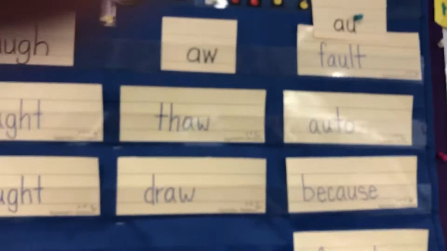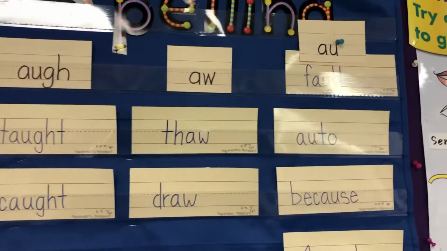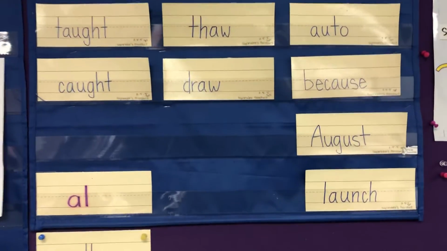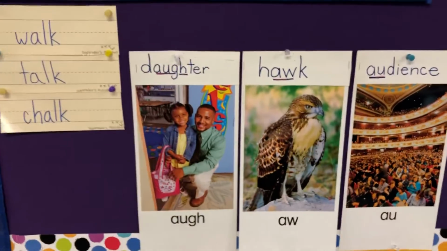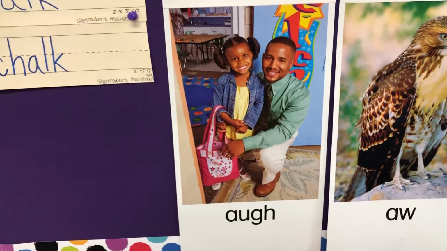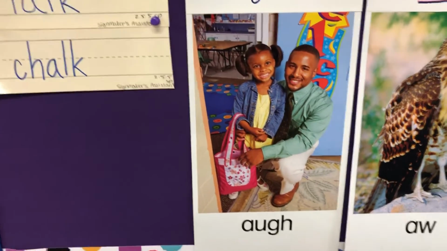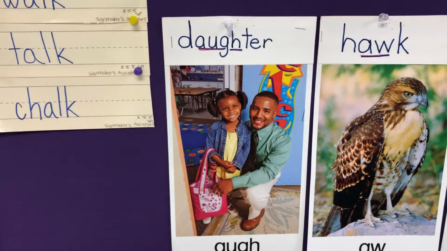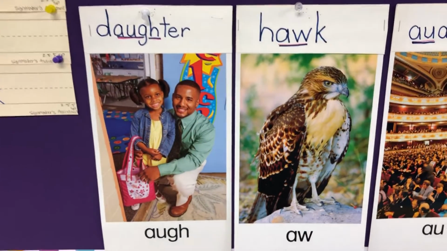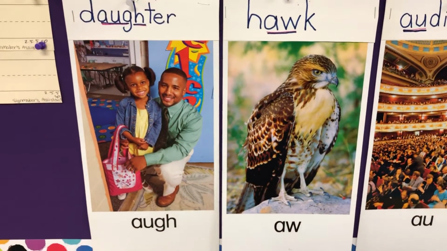So let's go over to the spelling board, just like you would see at school. And there are, of course, 12 spelling words. So let's take a look down here. The spelling patterns for this week are AUGH, as in the word daughter, the otter. AW, as in the word hawk.